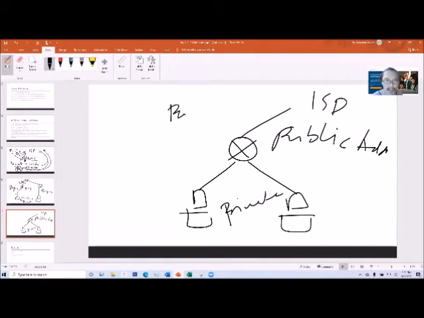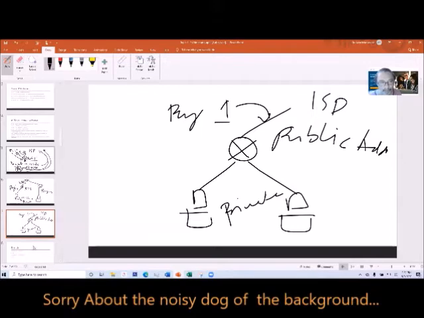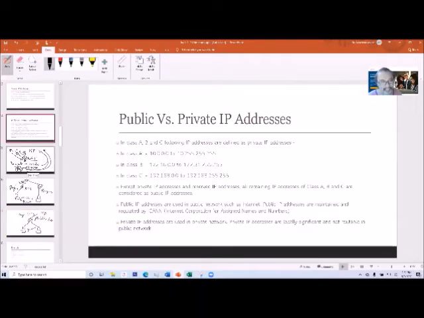So you are only going to pay for one public address, while the two computers share that public address. It saves your spending or your budget intended for your ISP or your internet connection. It would be very crazy for a company of 100 computers to connect itself to the ISP individually.